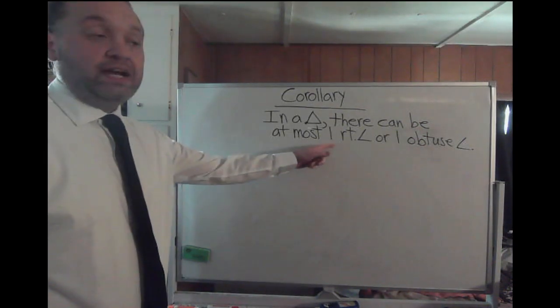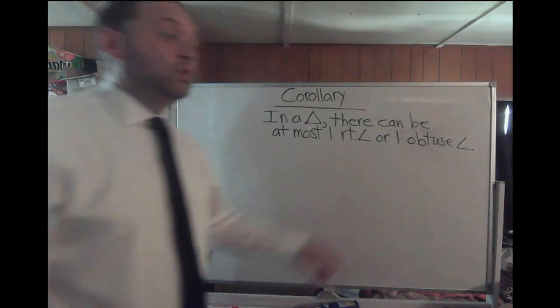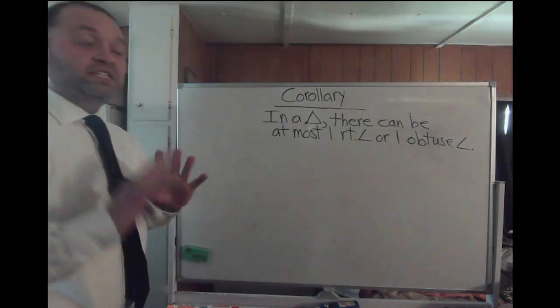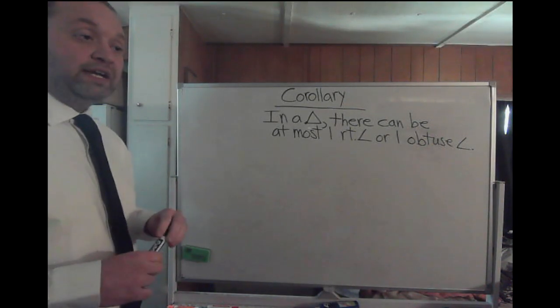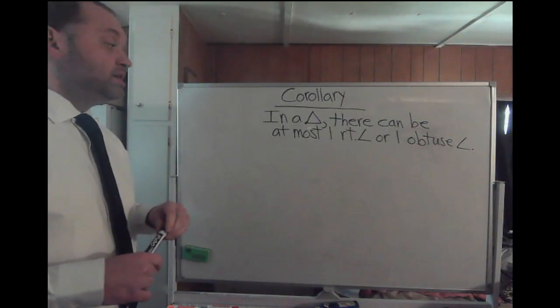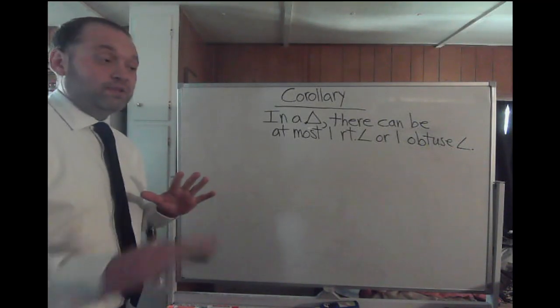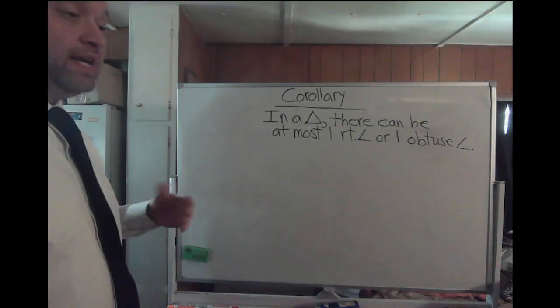It definitely could have at most one right angle. How about an obtuse angle? Well, let's even take the smallest obtuse angle, 91 degrees. Let's say we have two 91 degree angles in the triangle. That's already 182. So with two angles, let alone the third, you're over 180 already. So that's not going to work.